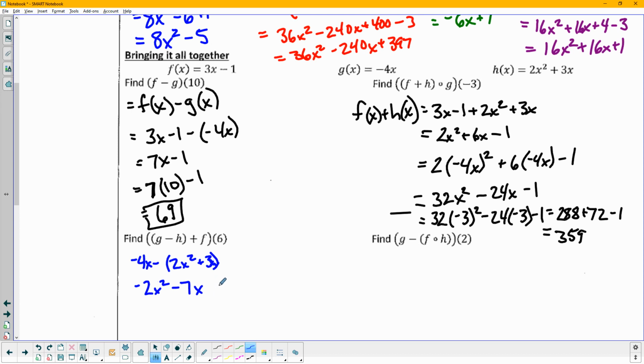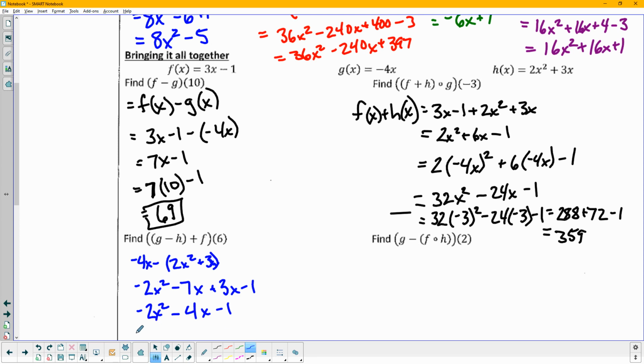Okay, and then I want to add on f of x. And that's going to be 3x minus 1. And that's just going to affect that part. So we have negative 2x squared minus 4x minus 1.